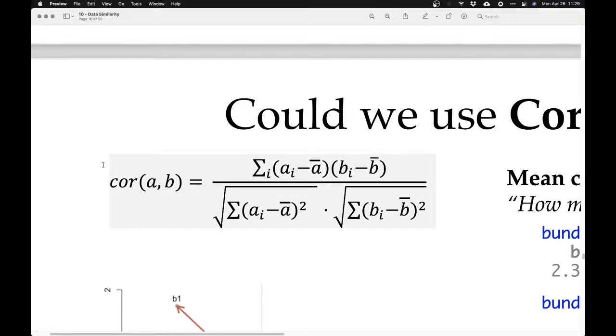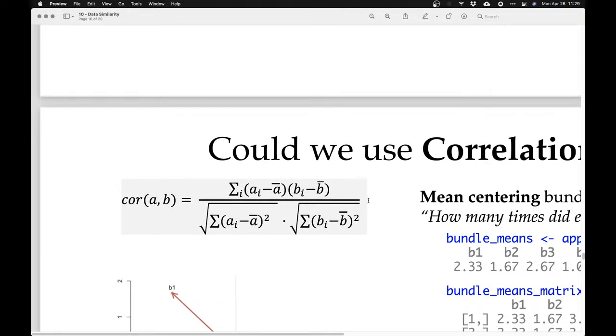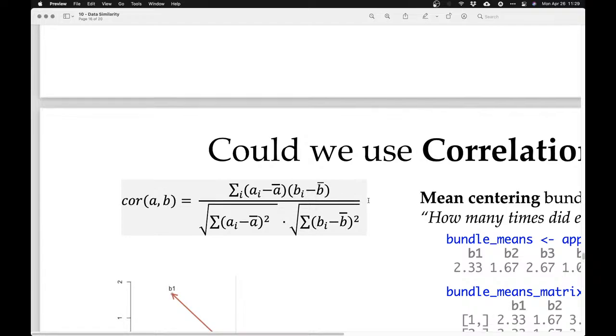The denominator is something squared and then summed and then square rooted, multiplied by the other thing, squared, summed, and square rooted. Where have we seen this formula just like this? What's that? Cosine. This is almost exactly the same formula as cosine.